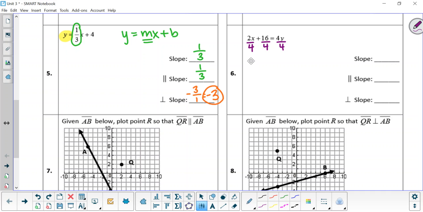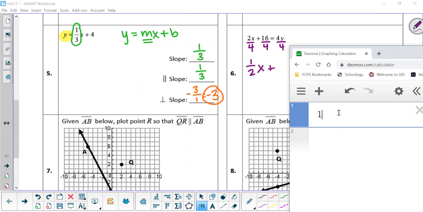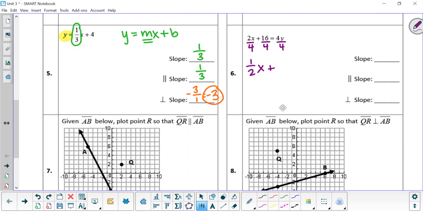So this first part turns into a 1/2 x plus, now 16 over 4. Again, you can use Desmos. 16 divided by 4 gives us 4. So 1/2 x plus 4 now equals y. Perfect. We have y by itself now.